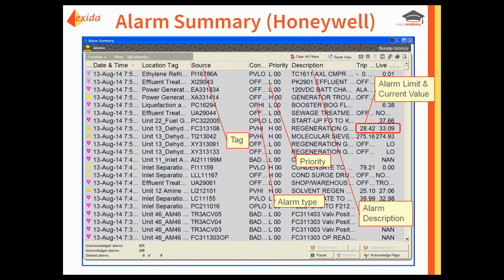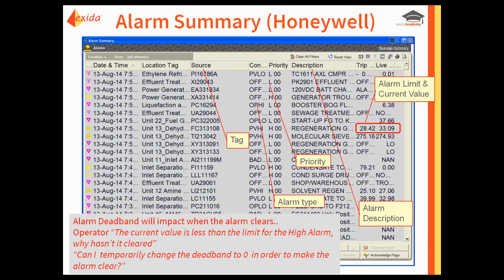So here's where deadband shows up, because if we were looking at a high alarm, we could find that the current value drops below the alarm limit and doesn't clear, and it's still on the board. It's still showing. That could become confusing to an operator who doesn't realize that there's a significant deadband applied. So they might not understand why that is.